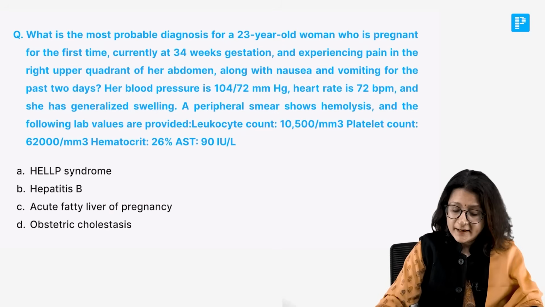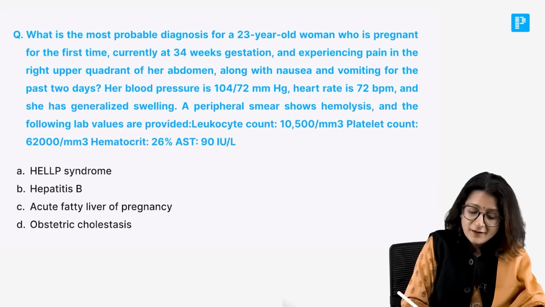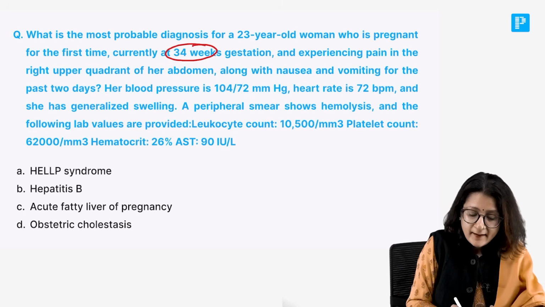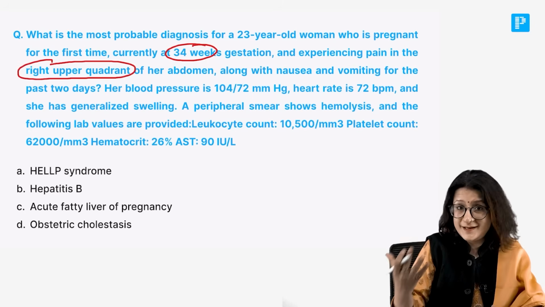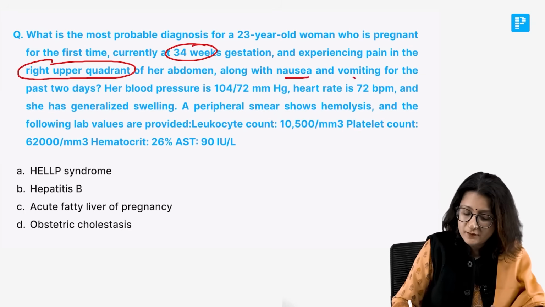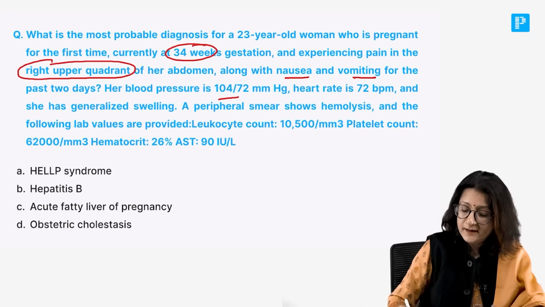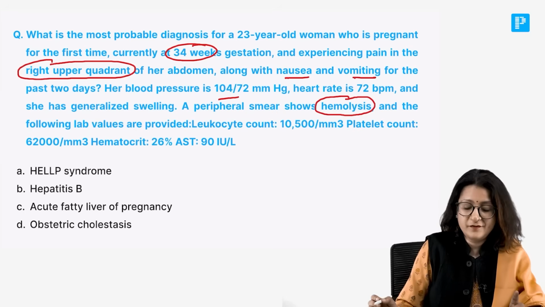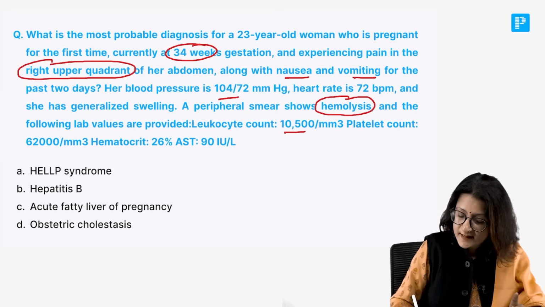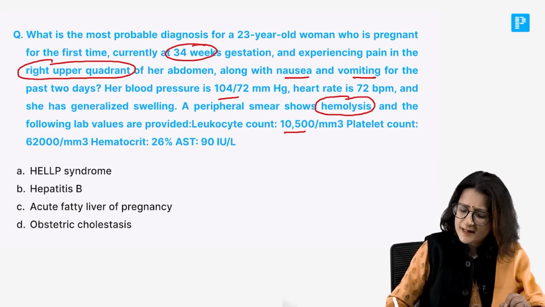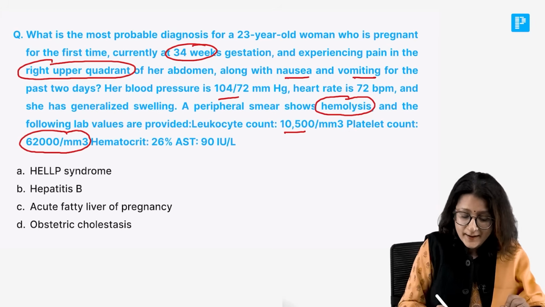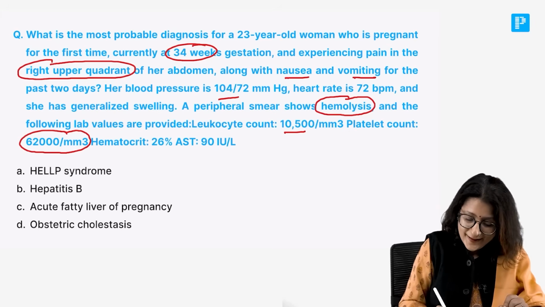What is the probable diagnosis for a 23-year-old woman pregnant for the first time, 34 weeks gestation, in her third trimester, with right upper quadrant pain, they could have said epigastric pain also, nausea and vomiting. Blood pressure is fine, heart rate is fine, generalized swelling is there, but your biggest clues in the question are hemolysis on peripheral smear, TLC slightly on the higher side, platelet count of 62,000, less than 1 lakh, so low platelets.